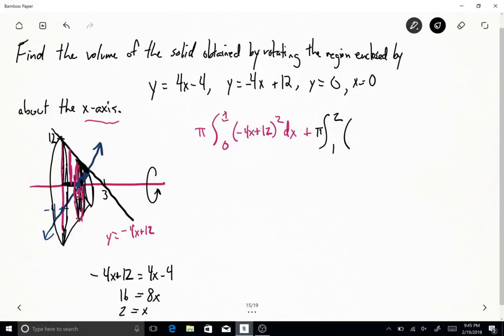So we're going to take the top one, negative 4x plus 12, the quantity squared, and then subtract off that bottom one, our function 4x minus 4, the quantity squared. And then we want a dx. So now that's showing you how we can break it up.